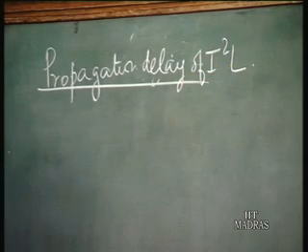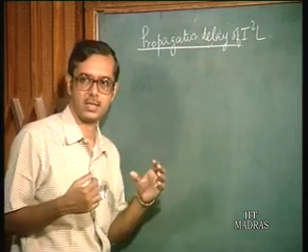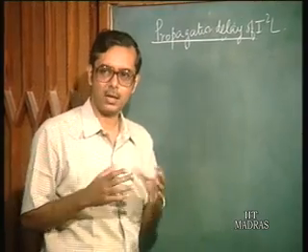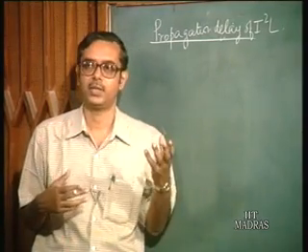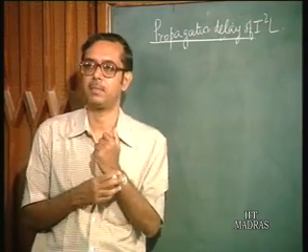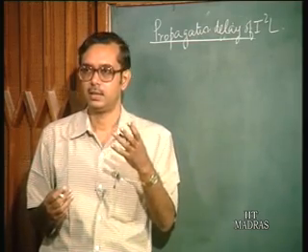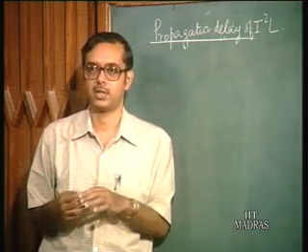Now the I squared L delay, just like the delay in a bipolar junction transistor, depends on the capacitances. And we know that there are two types of capacitances. One is the junction capacitance, and the other is the stored charge capacitance or the diffusion capacitance.